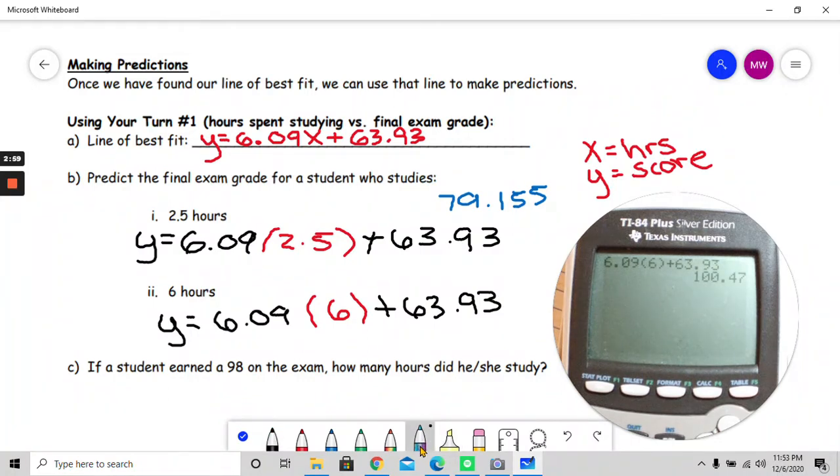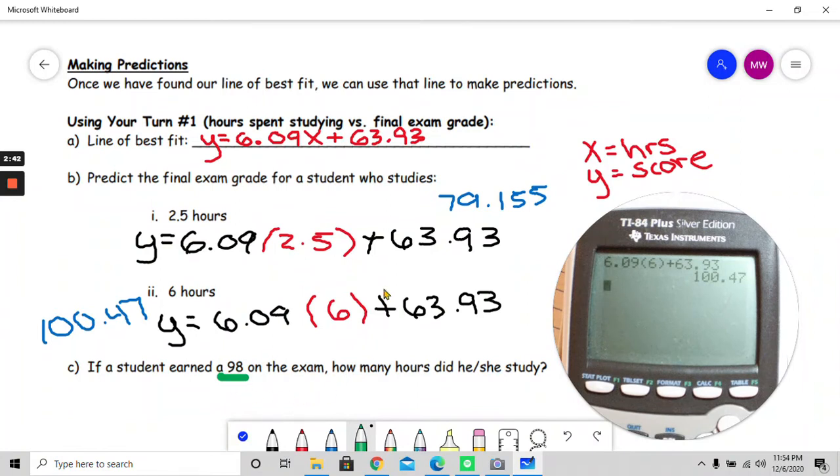So what that's saying is that someone who studies for 6 hours can expect to get a perfect score. So 100.47.